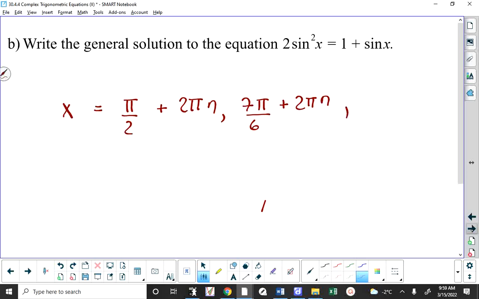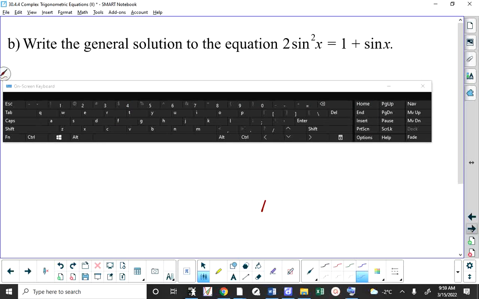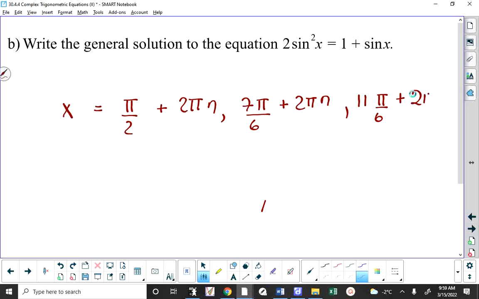We had 11 pi over 6 plus multiples of 2 pi. Of course, n is an element of the integer number set. Just a second, please. So this is one way you could write the general solution.